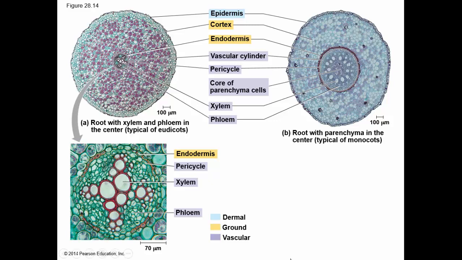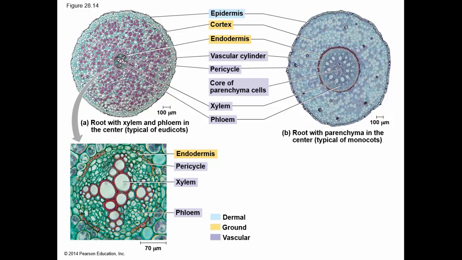But notice that the arrangement of vascular tissue within the vascular cylinder differs between the eudicot and the monocot. This X-shaped structure that contains the xylem is typical of eudicots, with the phloem found around the outside of it.